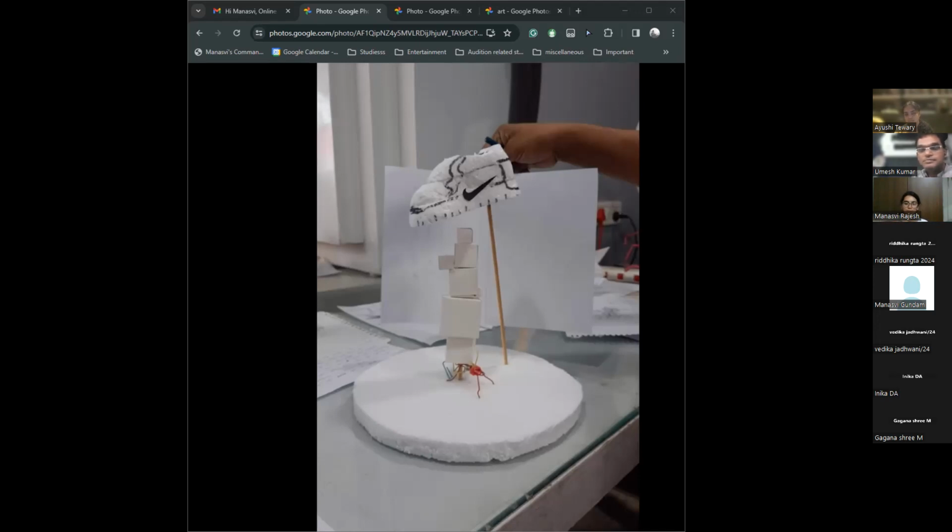We were not able to make the ant properly. But then we also remembered an external force, a bit bigger than an ant, that can crush it and kill it. So therefore the shoe.